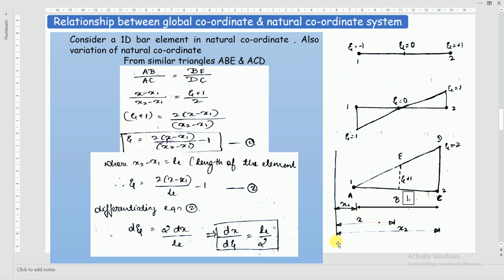From a reference point, this x1, x and x2 are nothing but your global coordinates. This is the representation in terms of global coordinates, and this xi from -1 to +1 is a representation in terms of natural coordinate. Here xi equal to 0, now here xi equal to 1, here xi equal to 2, but xi will not exceed 1.